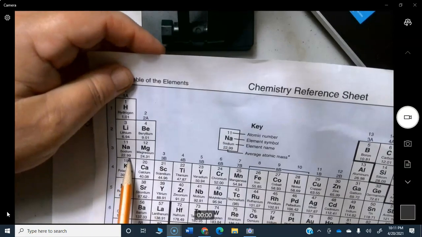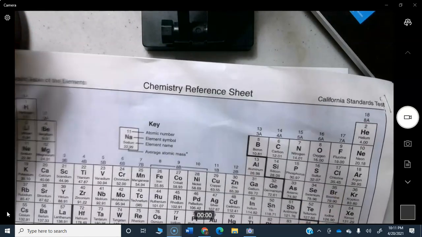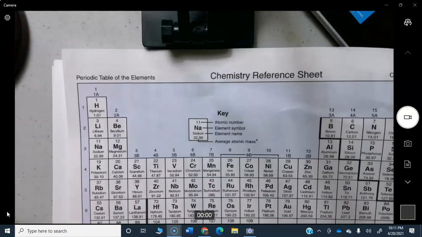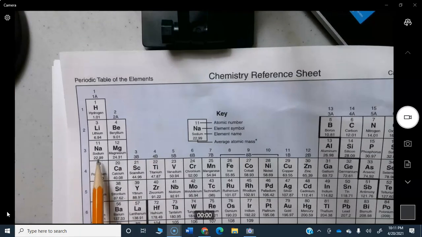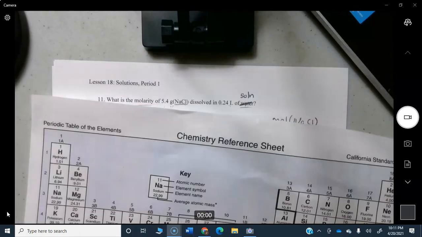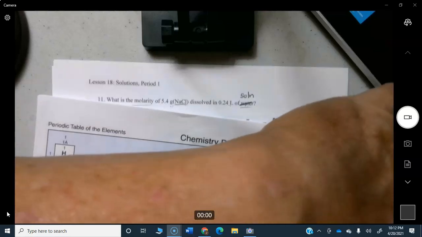Okay. Sodium is 22.9. Chlorine is 35.45. Let me do that a little closer up. 22.9 for sodium. Chlorine 35.45. So we're going to sum that up. I should know that one off the top of my head, but I don't. And that's 58.44. Okay?